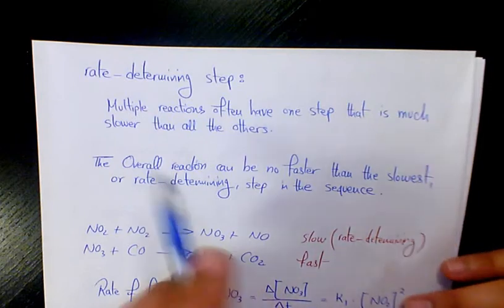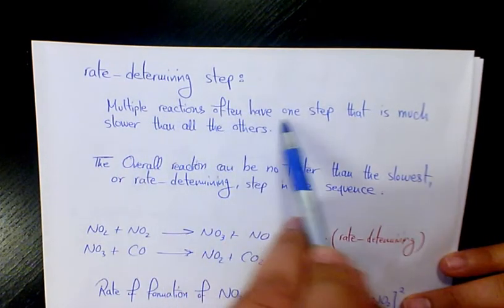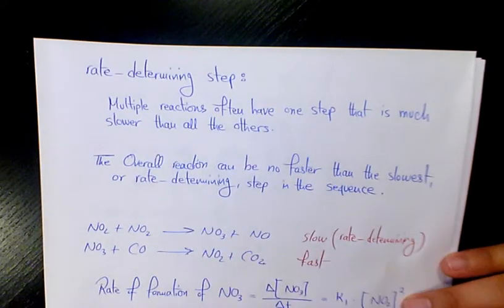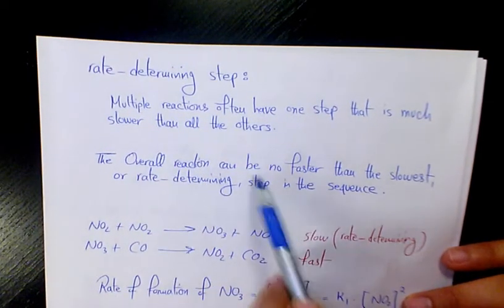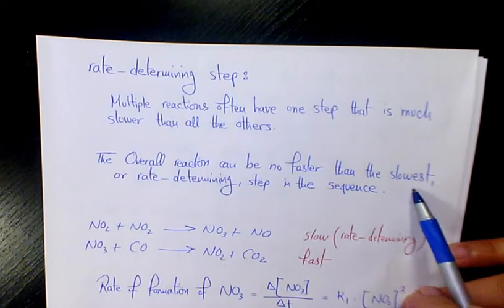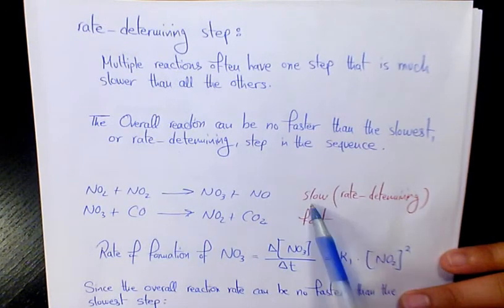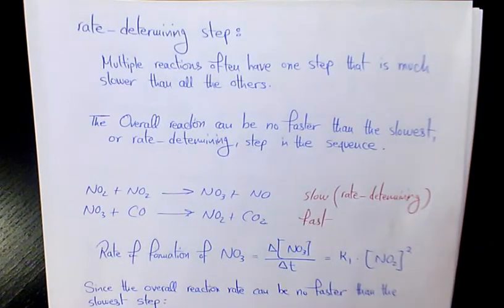So when we are dealing with multiple reactions, we often have one step that is much slower than all others. The overall reaction can be no faster than the slowest, or rate determining, step in the sequence. So the rate determining step, which is the slowest one, is going to determine the rate of the overall reaction.